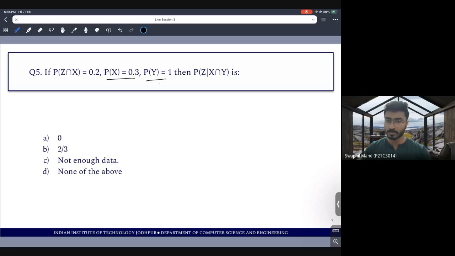The probability of y occurring being 1 means y is always true. So we need to identify the probability of z given that x and y both occur together, that is z given x intersection y. I hope it is clear what intersection means: these two events have occurred both together.